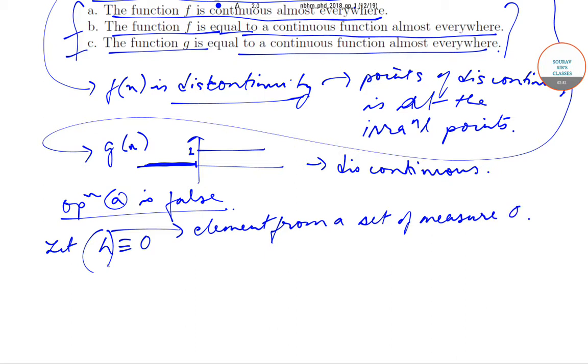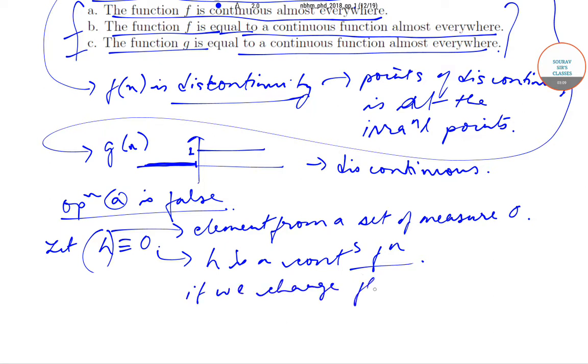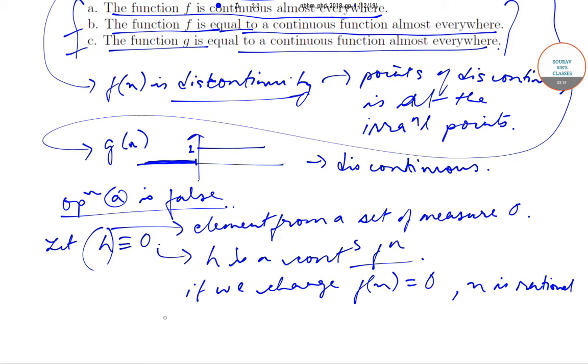We know that h is a continuous function, and it is such that if we change f(x) to 0 when x is rational, then we see that f(x) is continuous, since it is 0 for rational and 0 for irrational also.